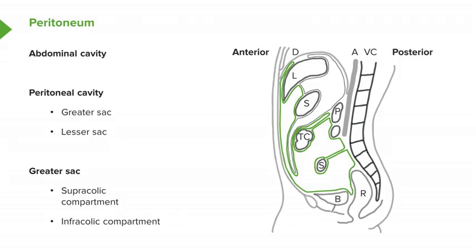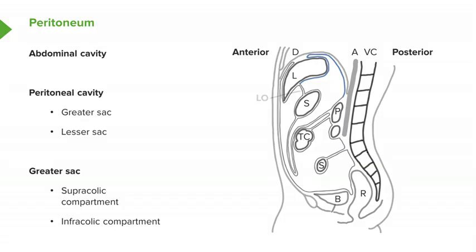If we now look at the peritoneum that's forming this lesser sac, we can look at it in blue. The same principles apply, but this time we're posterior to the stomach. We have parietal peritoneum here over the diaphragm. It's then connecting to the liver, and then it's running over the liver as visceral peritoneum.